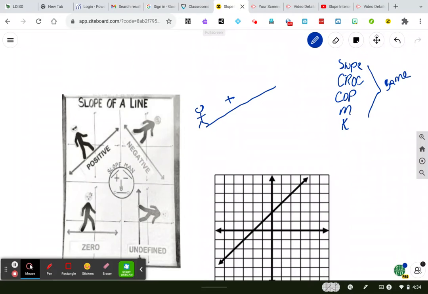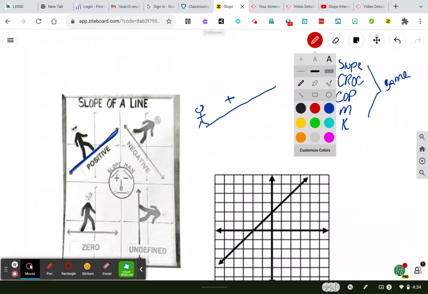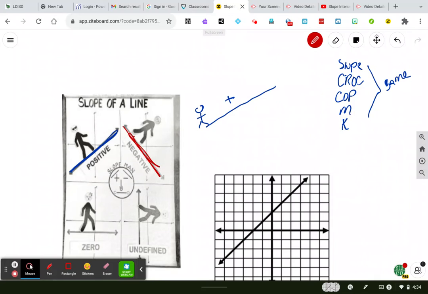They all have slightly different values that describe them a little better, but overall, it's the same concept. They're all a slope. So any line that goes this direction is positive. Any line that goes this direction is negative.